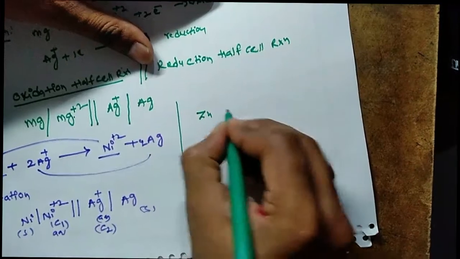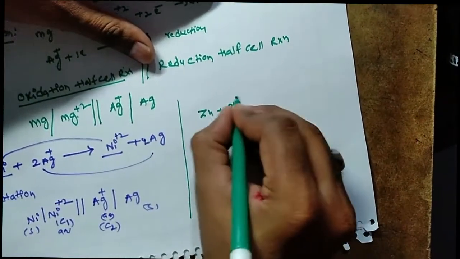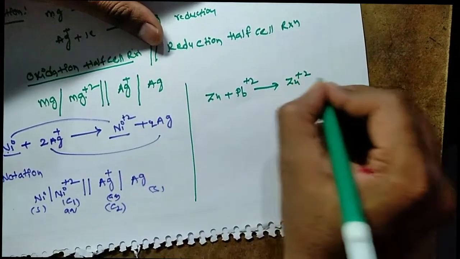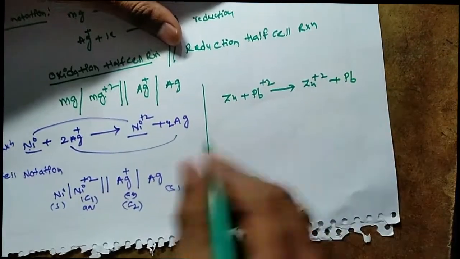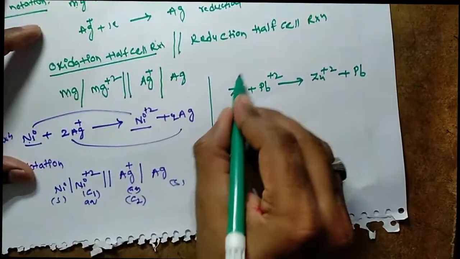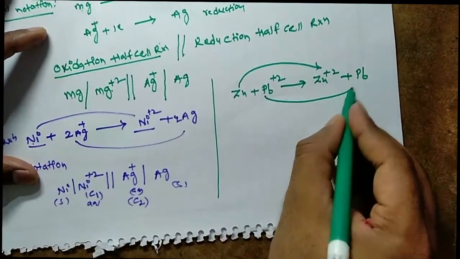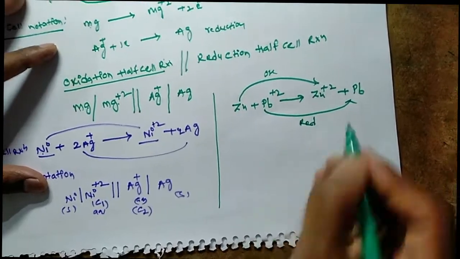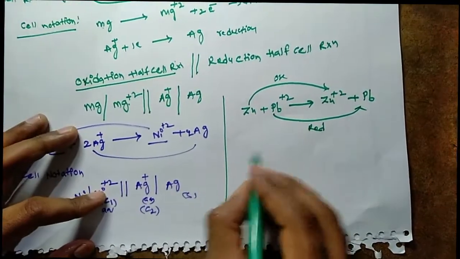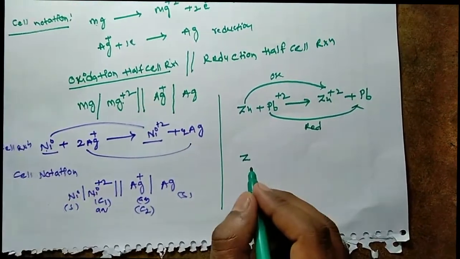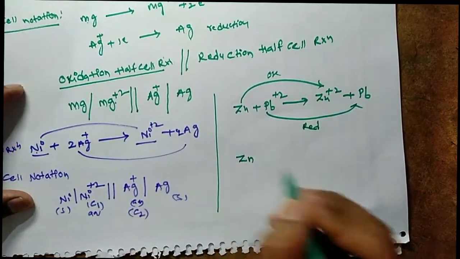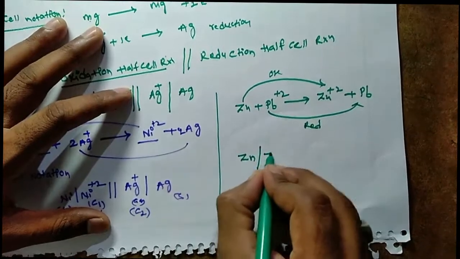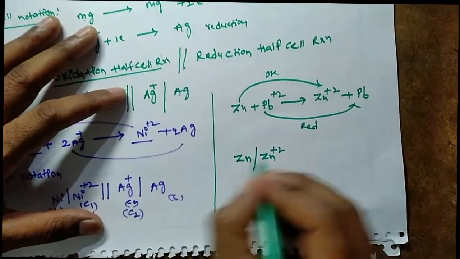So Zn + Pb2+ gives rise to Zn2+ + Pb. Which is the oxidation reaction? This is the oxidation reaction, this is the reduction. First, on the left-hand side, what do you write? The oxidation reaction. So Zn electrode, anode first of all, the next one cathode. This is the anode reaction.